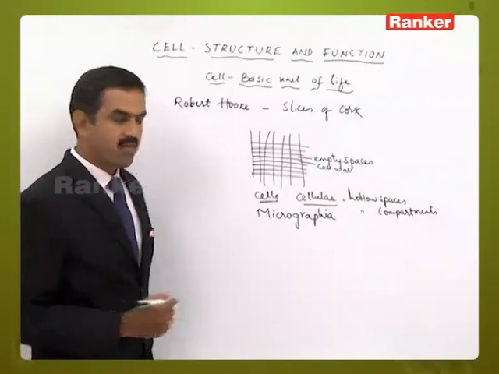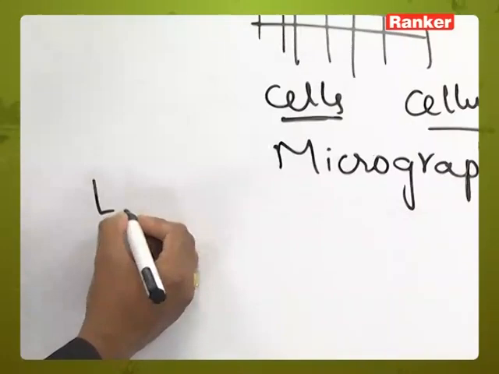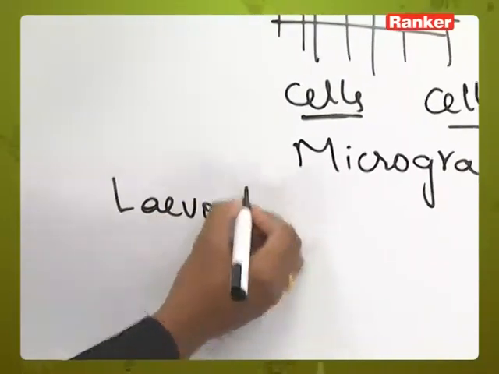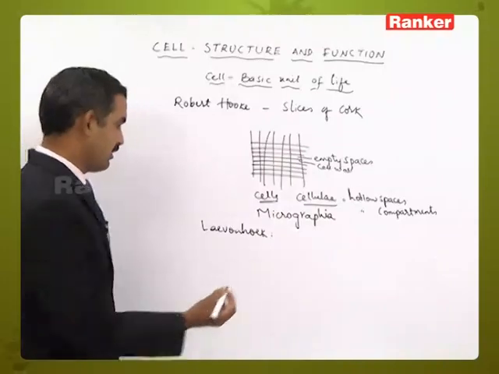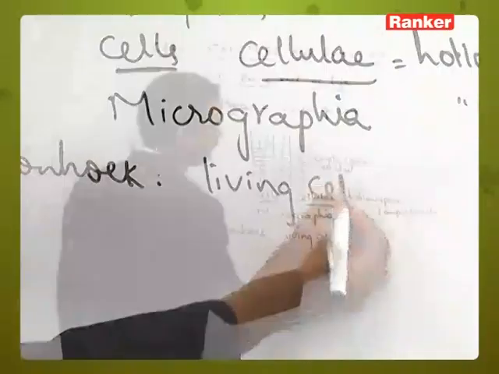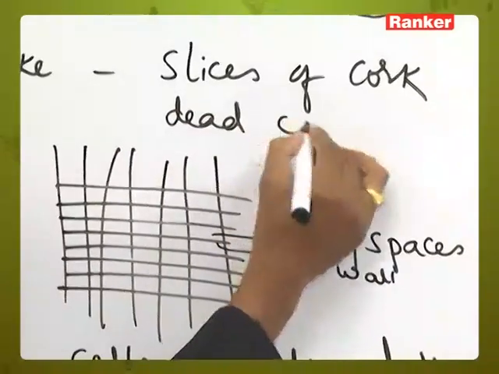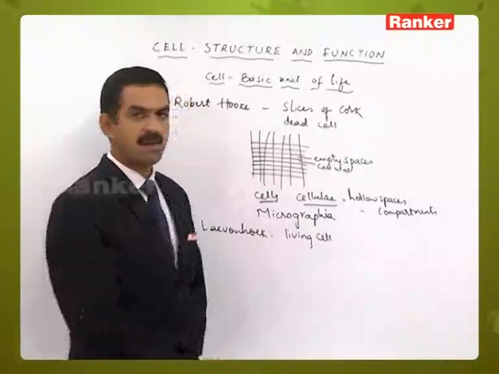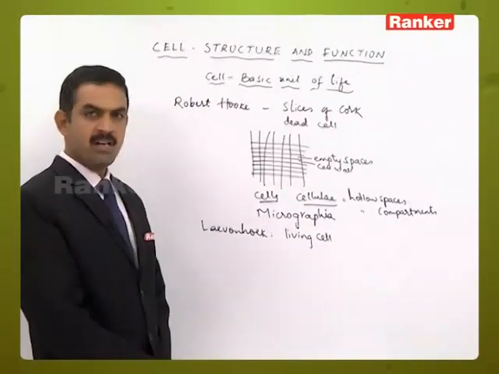The next discovery related to the cells is by the scientist Leeuwenhoek, who discovered the cell in living condition. Whatever cell was discovered by Robert Hooke was a dead cell, but for the first time a living cell was discovered and identified by Anton von Leeuwenhoek.